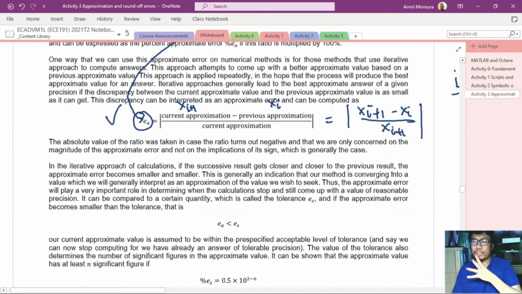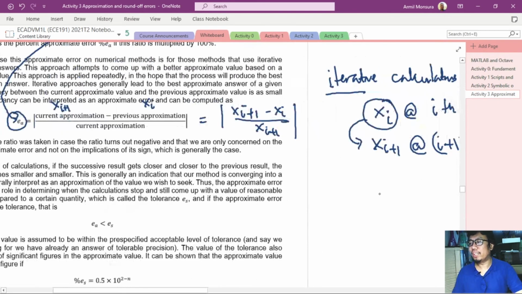Most iterative calculations kasi require that your results actually approach a certain value. We call that in mathematics as converging.